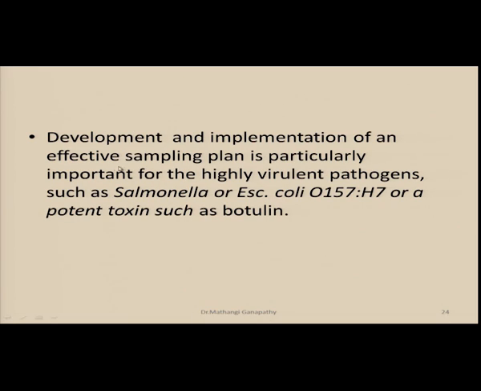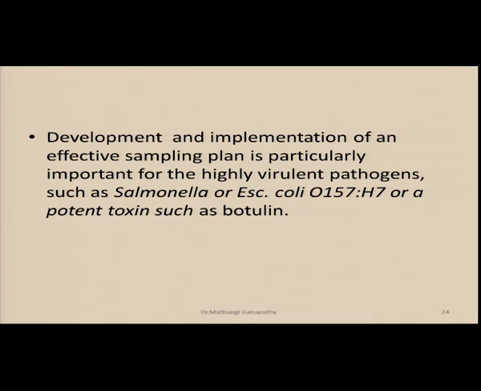Development and implementation of an effective sampling plan is particularly important for highly virulent pathogens such as Salmonella or E. coli O157:H7, or a potent toxin such as botulinum. Even if you take 100 milligrams of a sample and assess it, and you identify the presence of Salmonella or E. coli, which are extremely virulent, it means that the whole food has to be dumped.